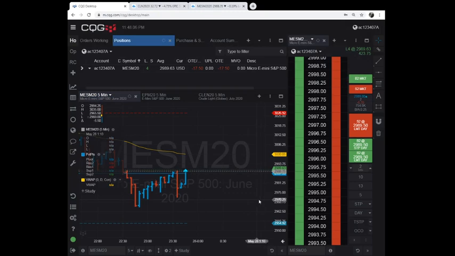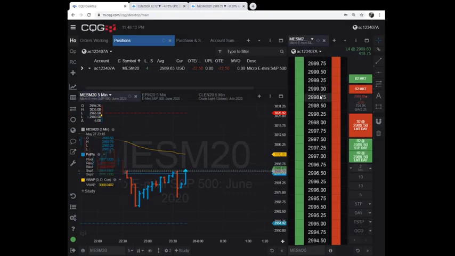Let's queue for this 2999. The stop loss is 2976. Hope the price can push a bit more on the higher side, so we can have a good decent profit.